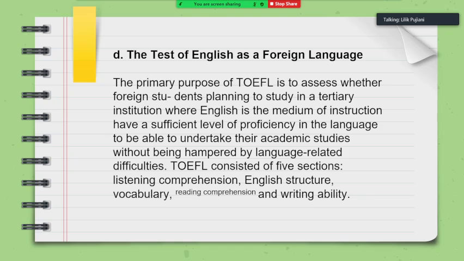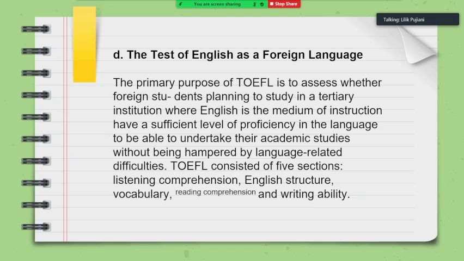And the last sample test is the test of English as a foreign language. The primary purpose of TOEFL is to assess whether foreign students planning to study in tertiary institutions where English is the medium of instruction have a sufficient level of proficiency in the language to be able to undertake their academic studies without being hampered by language-related difficulties.